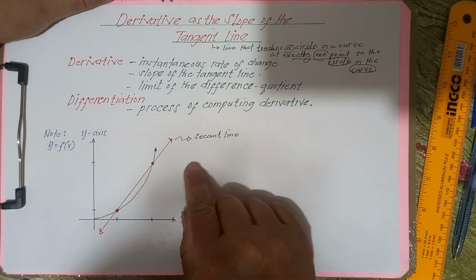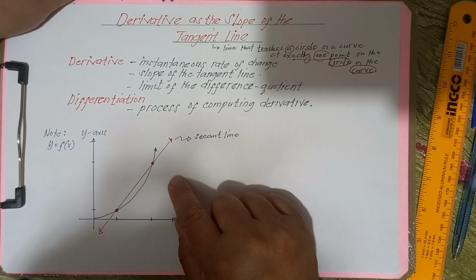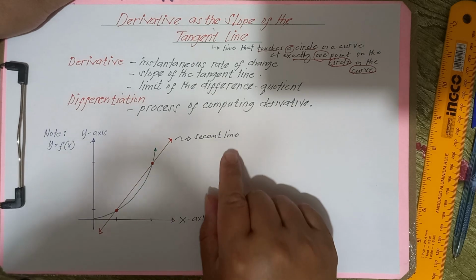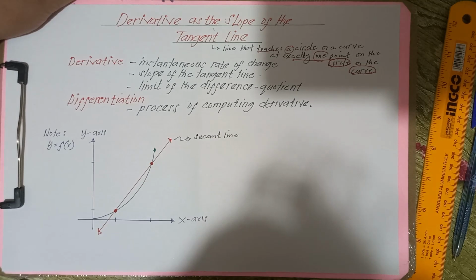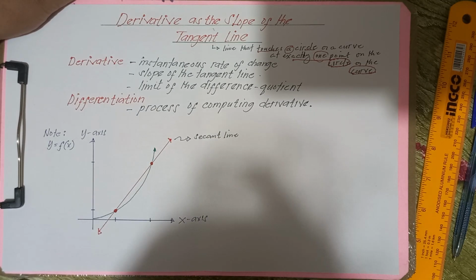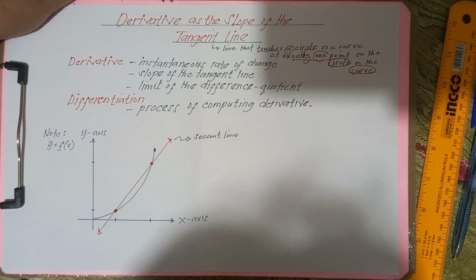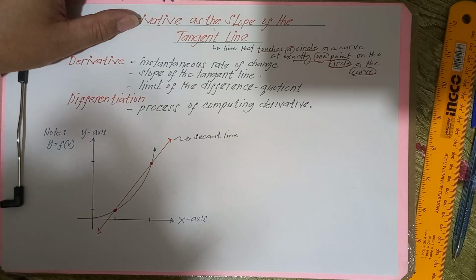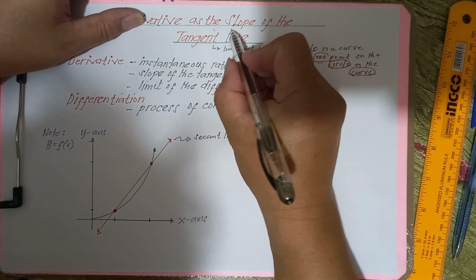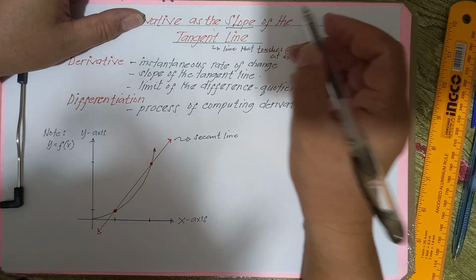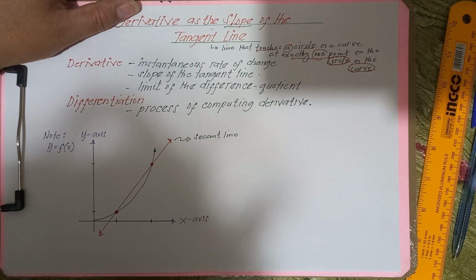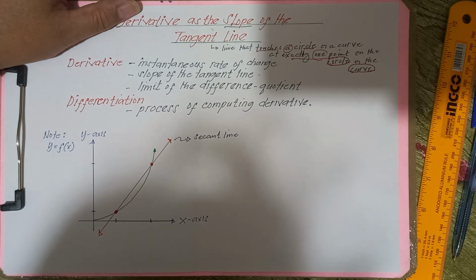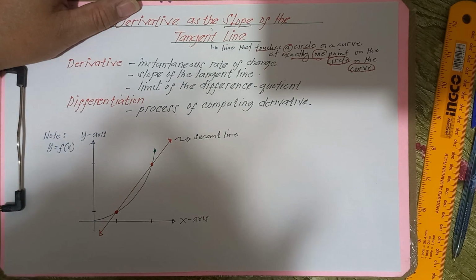So I have in here a line that is called the secant line. Now the point in here is, when we are going to get the slope of a line, basically we always consider 2 points.